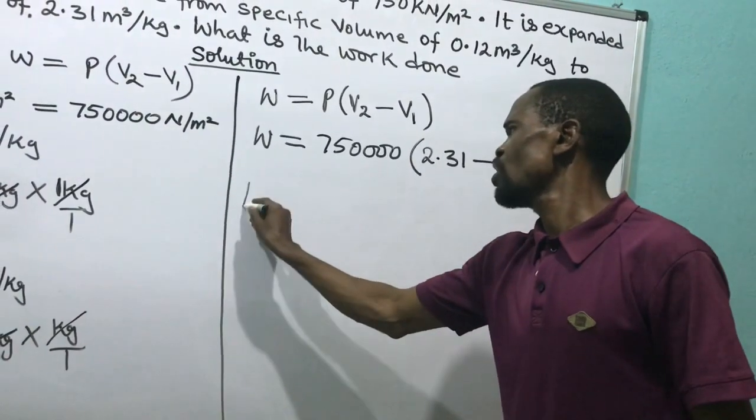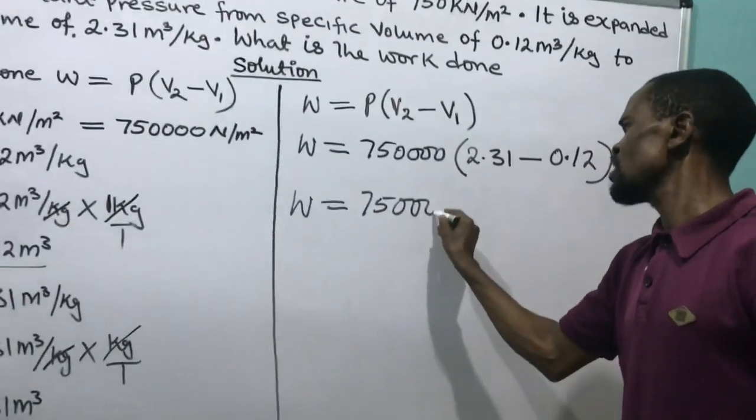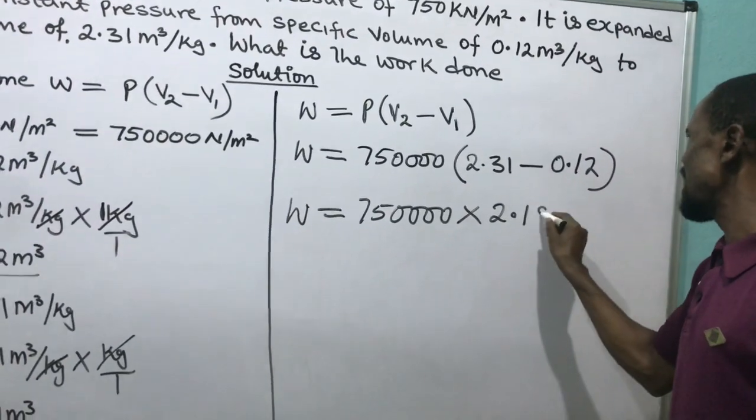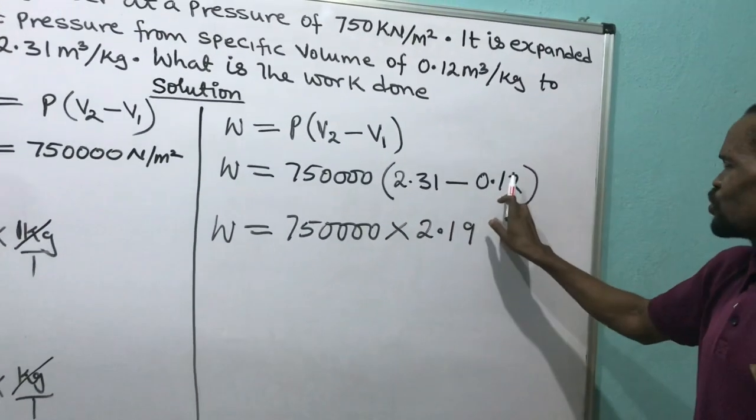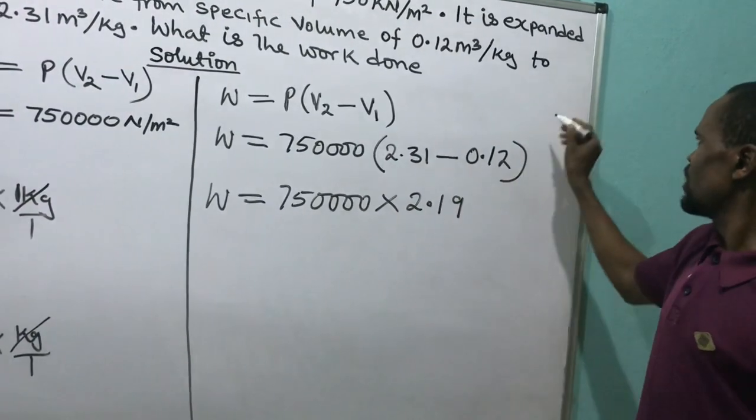And that will give me W equals 750,000 times 2.19. Subtracting, 2.31 minus 0.12, borrowing 1, 11 minus 2 gives 9, and the rest gives 2.19.